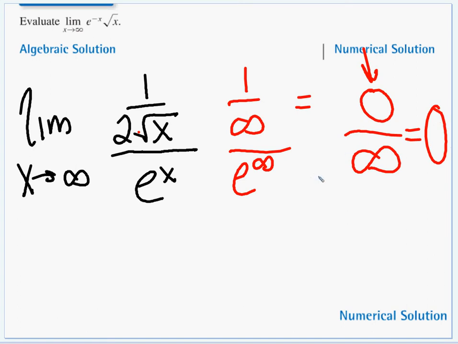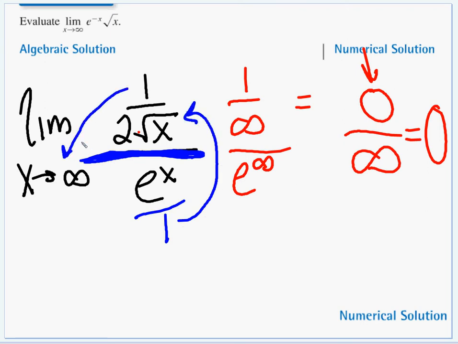Now, I do have in my notes, I don't know if I got this from the book, I'm not sure, but if we go back up to here, another thing we could do is make this e to the x over 1, and we could bring it up and flip it, or we could slide the top fraction off and combine our denominators. Either way, another representation of this would be 1 over 2 e to the x root x.